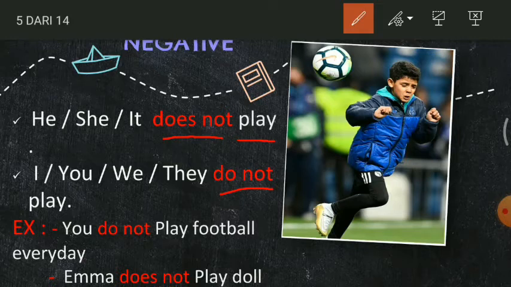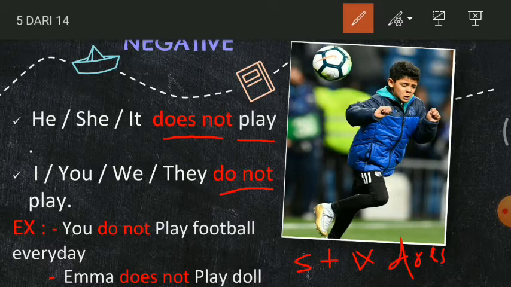Okay, I'll remind you first. The form is subject plus does or do plus not plus verb plus object. Okay?